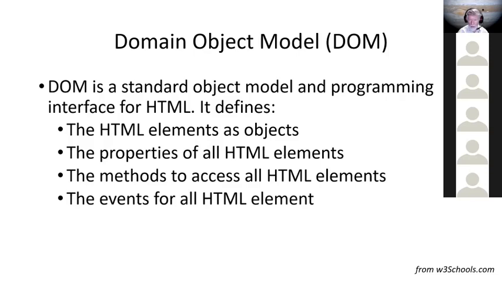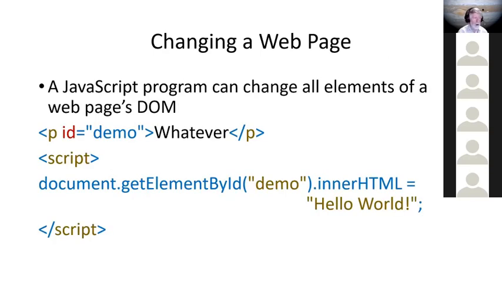Let's see. Okay, here's an example. All right, this is a really simple example. In the beginning, first HTML line there, the bracket P, which starts the paragraph, and you can see the end of that line is a /P, ends the paragraph. And the paragraph says whatever. And it has an ID. The ID is demo.